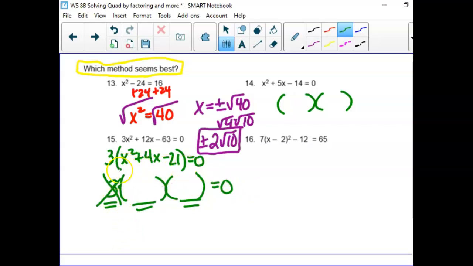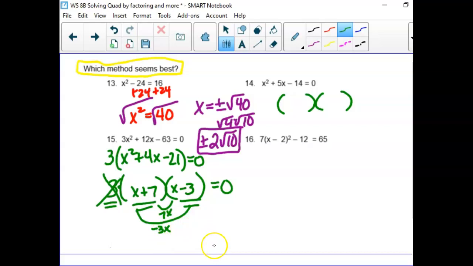All right, now we're worried about in here. X plus 7 and x minus 3. Does that seem right to anybody? I need a positive 4 though, right? Plus 7 and minus. Did I make a sign mistake somewhere? Okay.